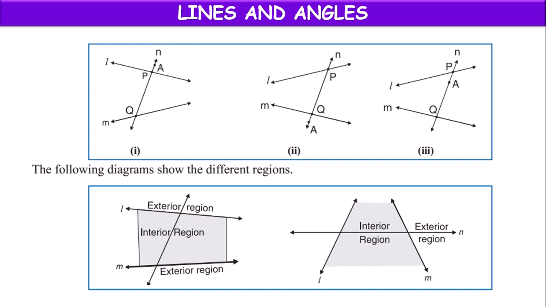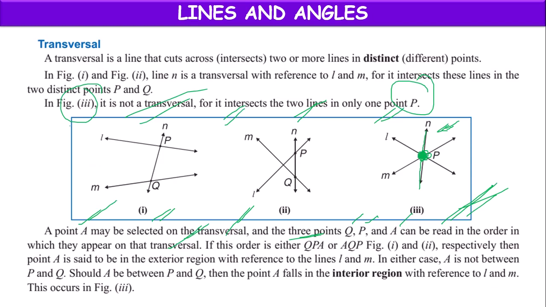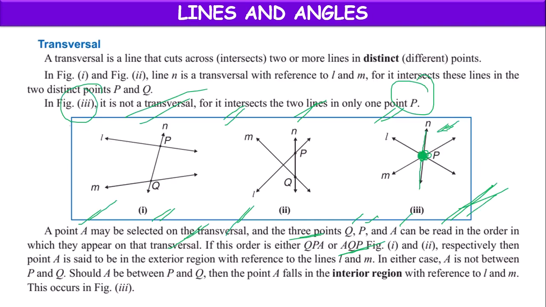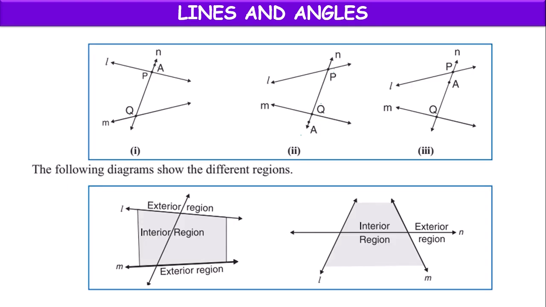Here we have taken point A here, so this is read as QPA. Here A is taken on this side, so we can read it as AQP. And in the third figure, we can read it as QAP.